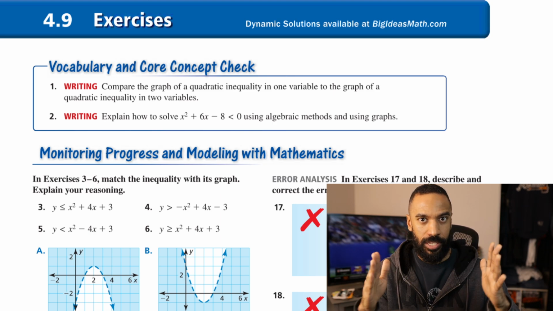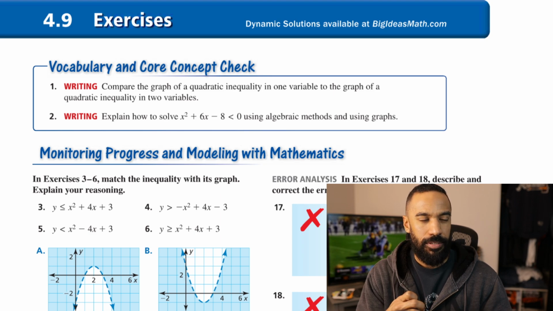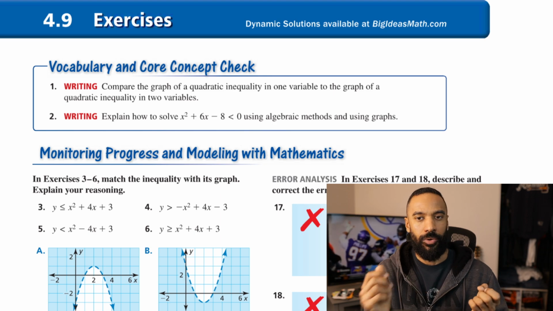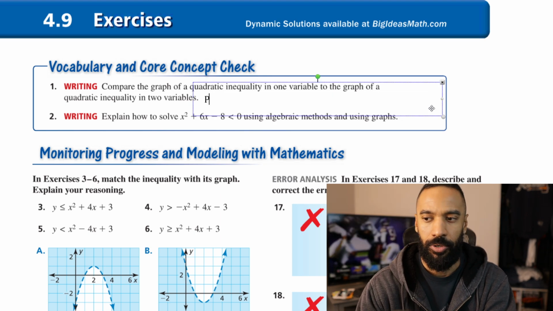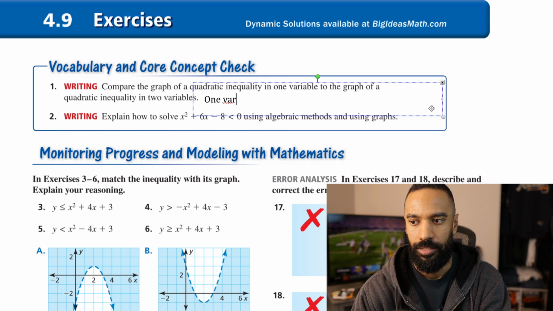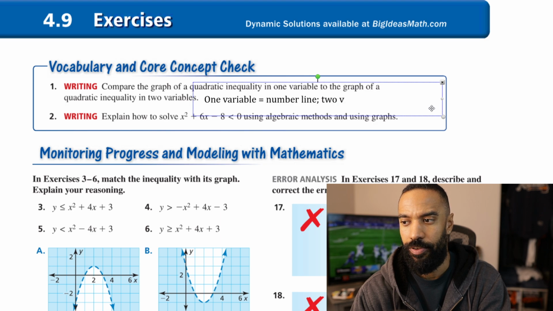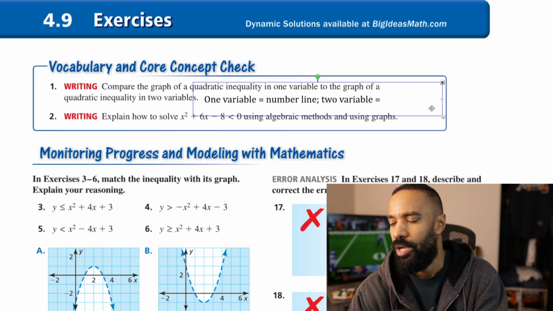It's x, y axes, but the 1-variable ones, if you remember, like solving algebraically, I guess you can still graph that way, but I think they're talking about the number line graph. So the one variable is a number line.